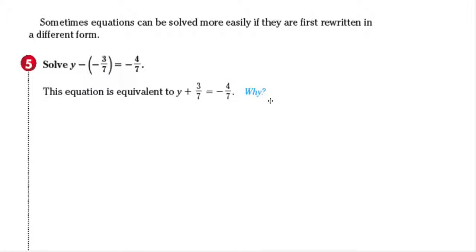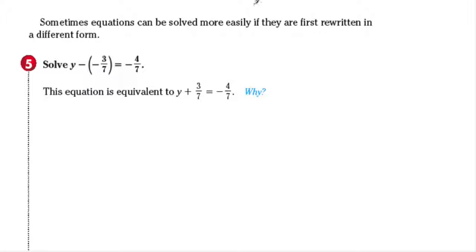If you notice, remember what we discussed in the last example. When you're subtracting, you're adding its opposite, its additive inverse. So you want to add the additive inverse of negative 3/7, which is 3/7. That's what we got from the definition of subtraction.